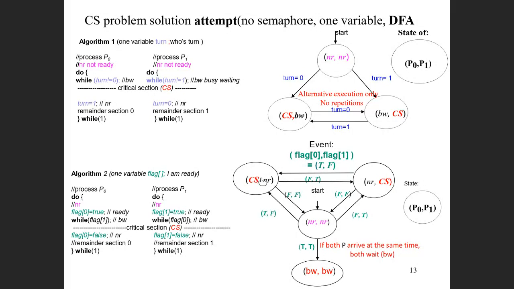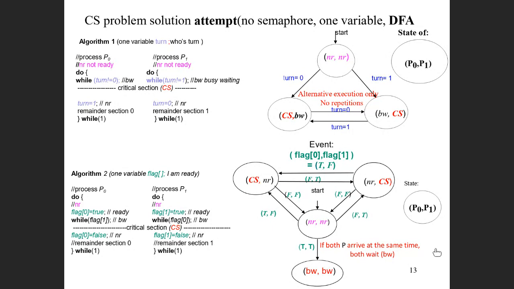We can change the status from CS NR to NR, CS two ways, either f of t or f of f. Those two states allow the states of processes to circulate in a way that they can execute their own critical section.